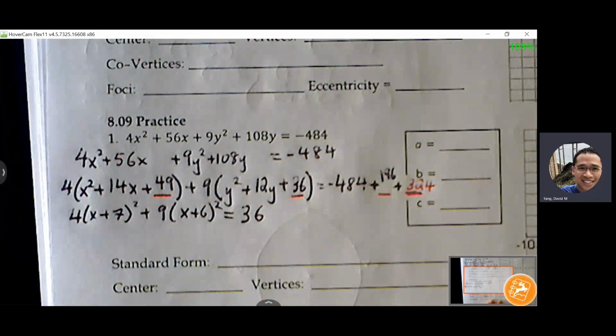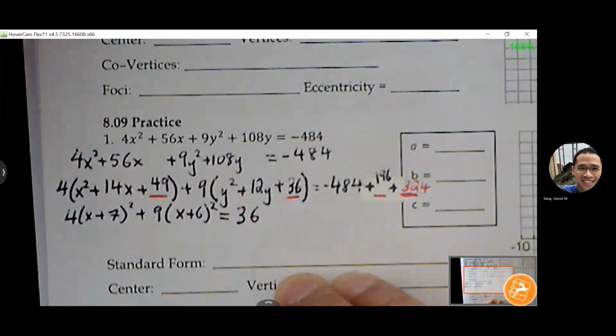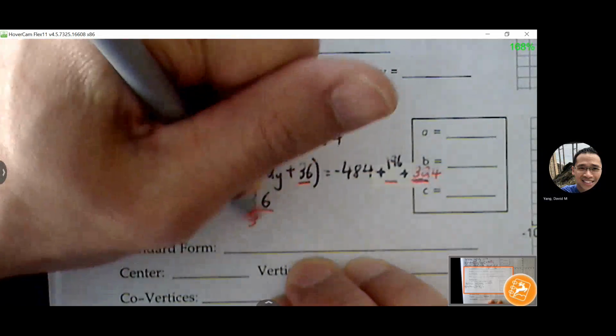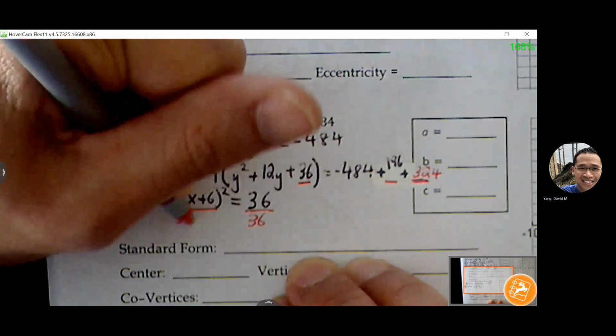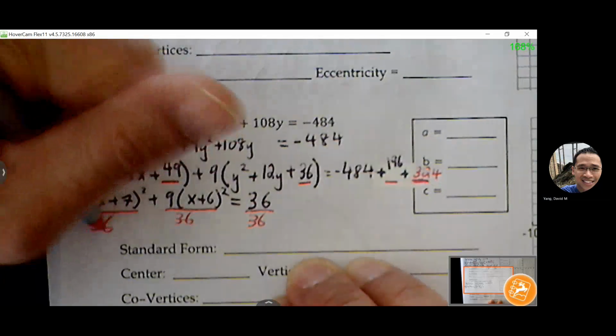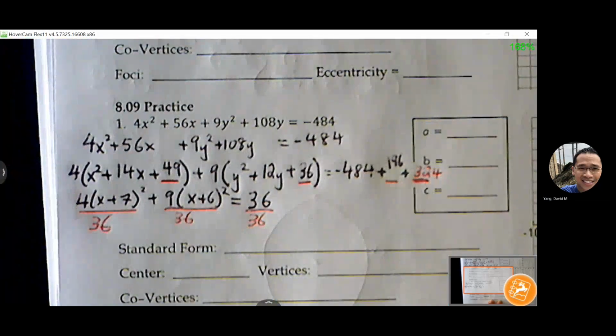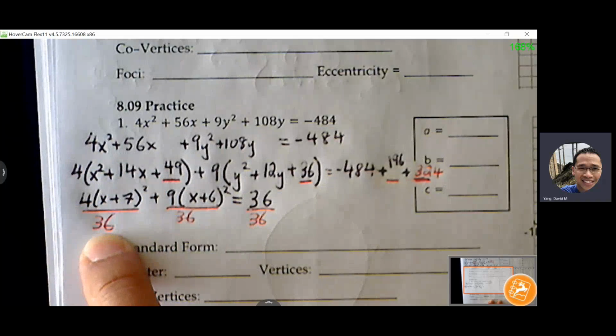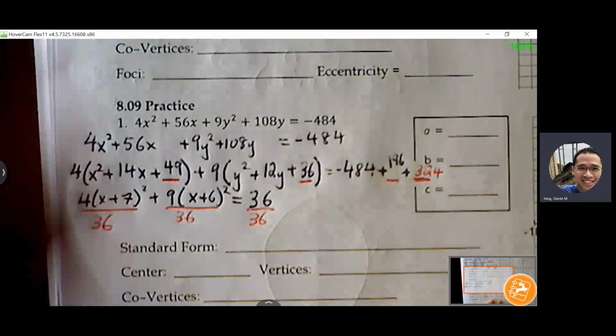Okay, we're almost there. We want to force a 1 on the right side. A 1, so divide everything by... Yeah, divide everything by 36. What happens if I reduce the 49, 4 and 36? 9.